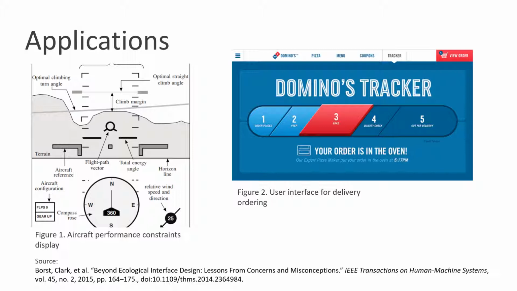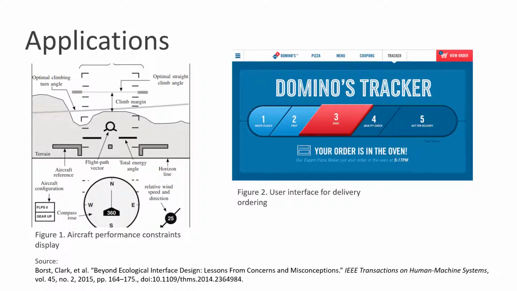You can see in figure 1, this display is providing aircraft constraints visibly so that the operator can relate them to other constraints they see and can direct their attention onto the next actions that need to be made. All of these applications help with information processing.